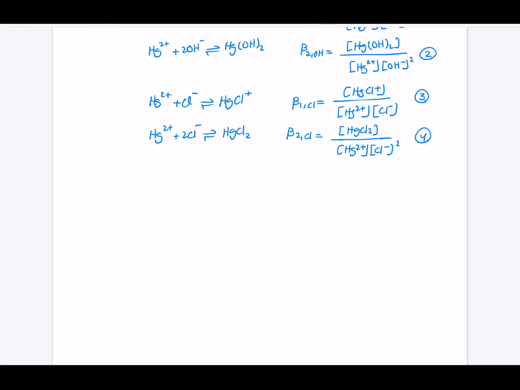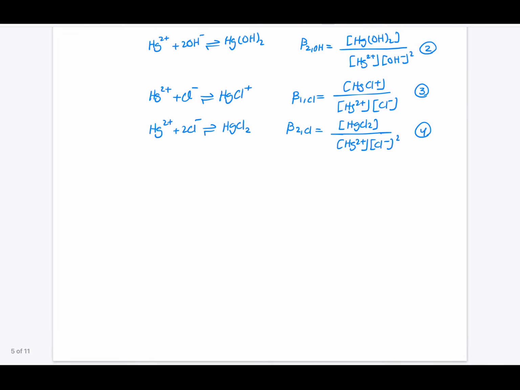Any other reaction we have? Cl minus is not a part of an open system. It's not a part of acid base. So no more reaction, except water is always there.